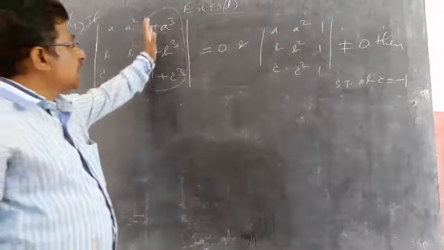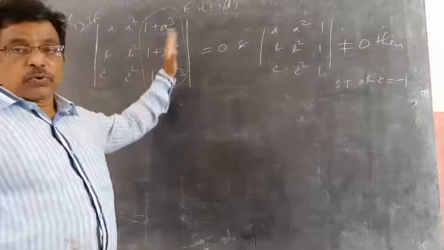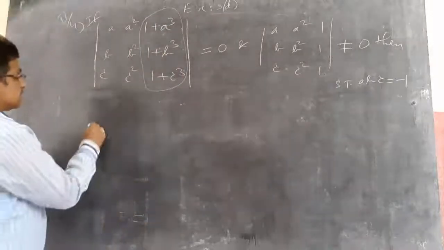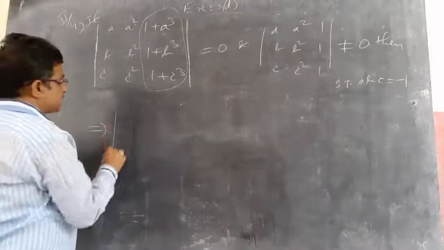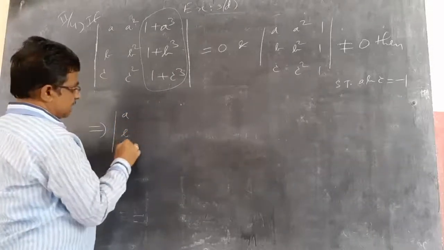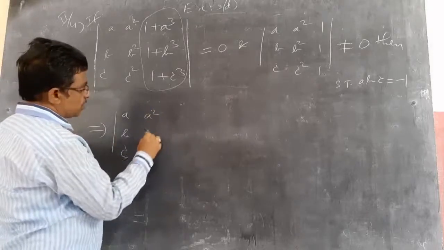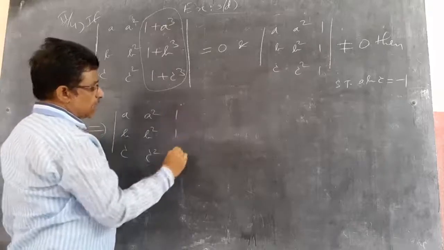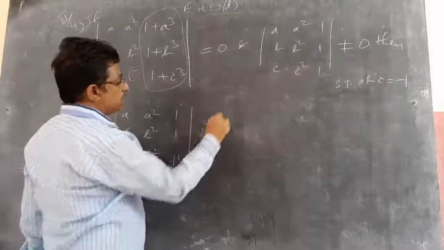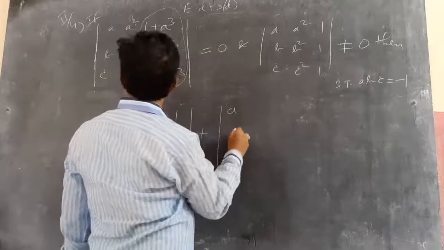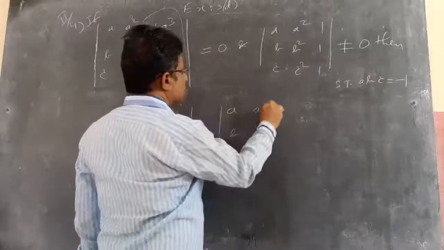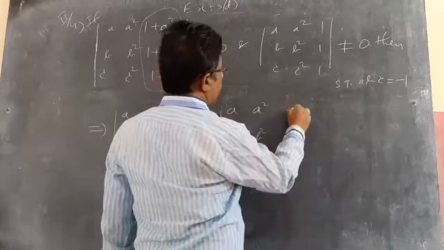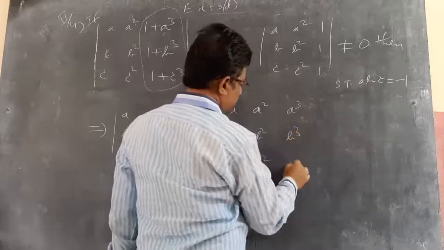This column has a sum of two elements, so I can split it into two separate determinants, one with 1, 1, 1 and the other with a cube, b cube, c cube.